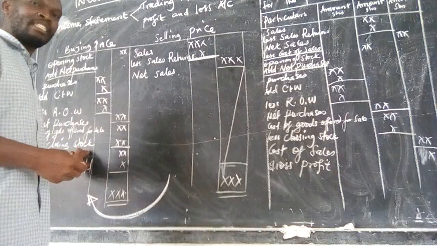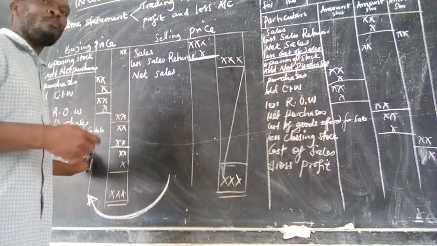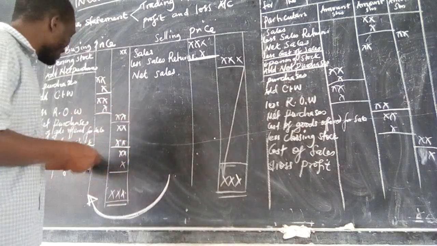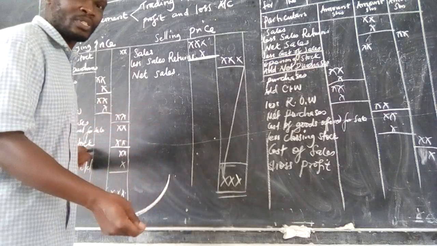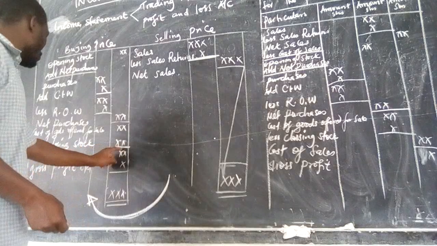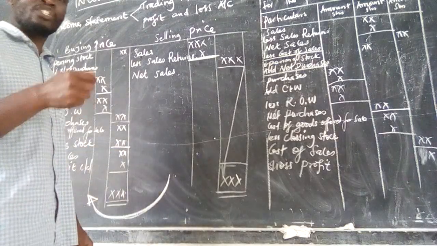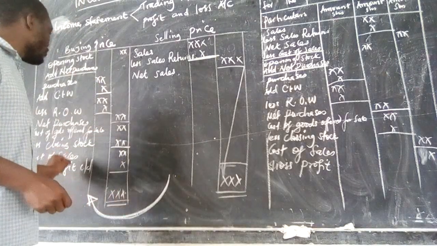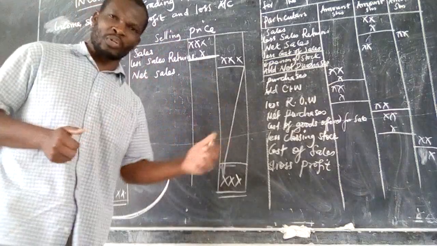As an entrepreneur, you do not need to ask how many furniture were sold. By just recognizing the closing stock, I can tell how many furniture was sold. So when you subtract closing stock, you get to know the cost of those goods that were sold. That one we call cost of sales, or cost of goods sold. That is the cost of the goods sold.